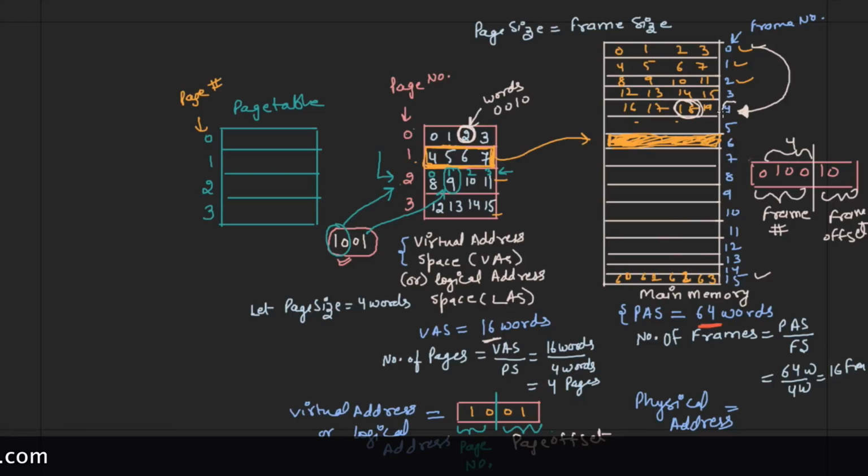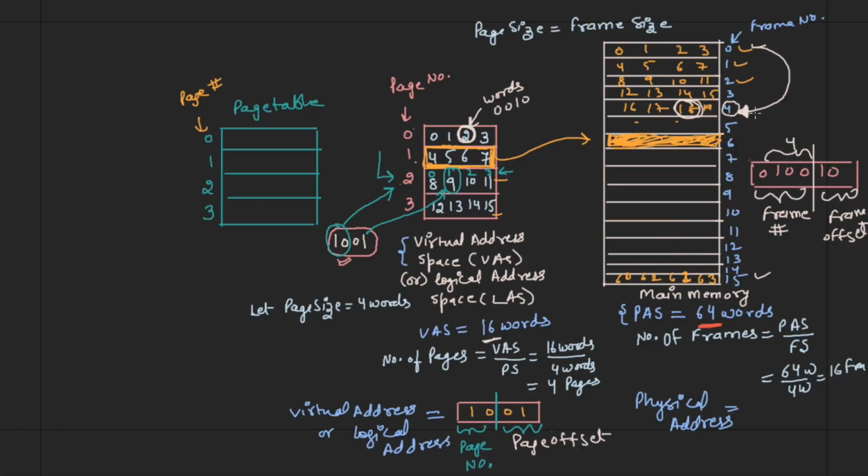That means it is present in the frame number 4, and inside that particular frame, what is that particular combination? For example, if I represent them by 0, 1, 2, and 3, you can see inside the frame number 4, this is the byte number 2, right? Byte number 2 is like byte number 0, byte number 1, byte number 2. So this is byte number 2 in the frame number 4, and this number is representing the byte number 2.